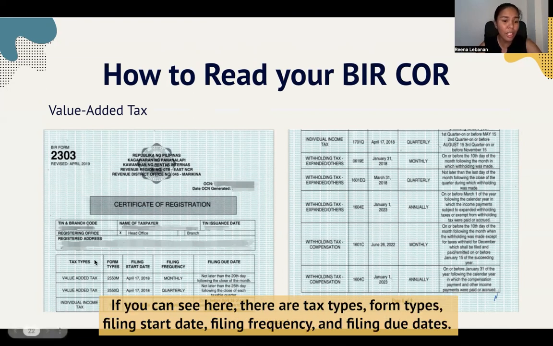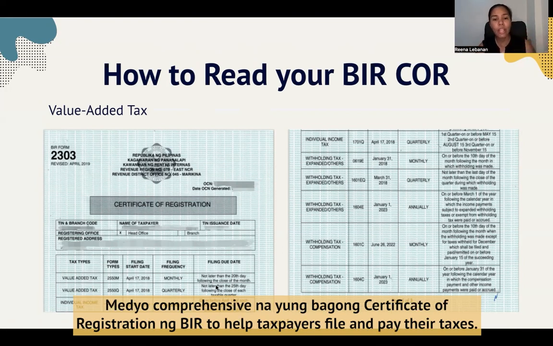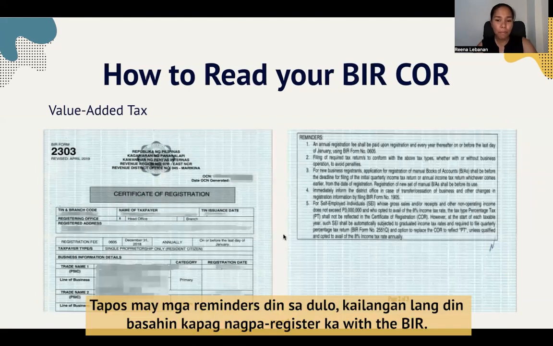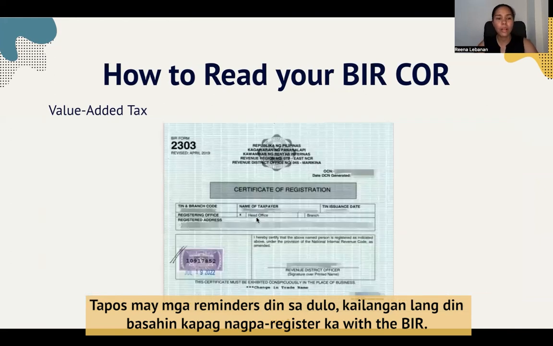If you can see here, there are tax types, form types, filing start date, filing frequency, and filing due date. The new BIR Certificate of Registration is quite comprehensive to help taxpayers file and pay their taxes. The details are already there, you just need to read them. There are also reminders at the end, which you also need to read when you register with the BIR.